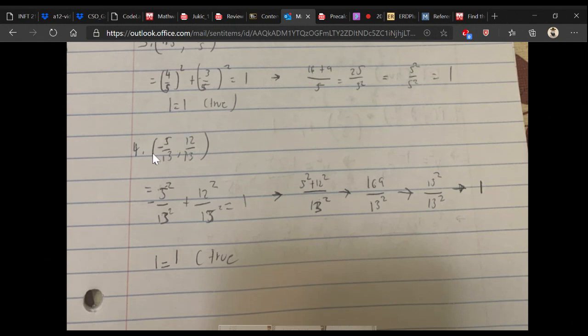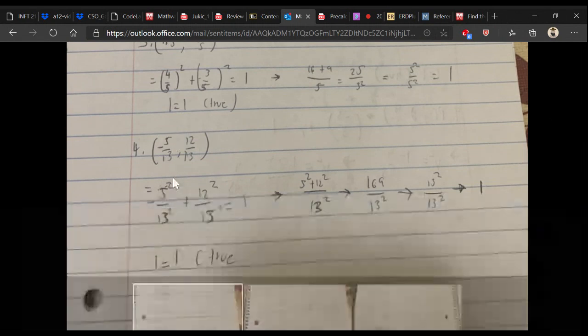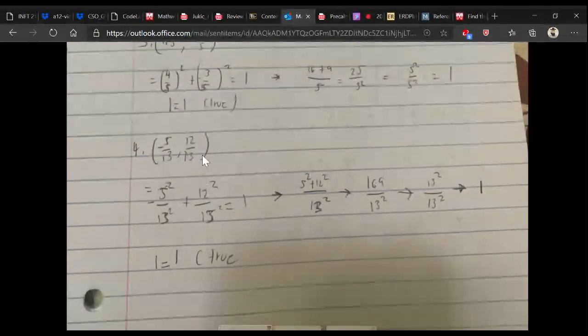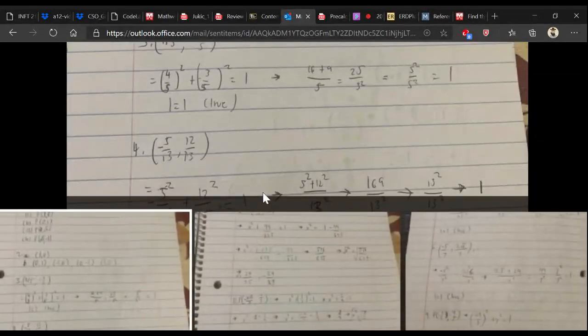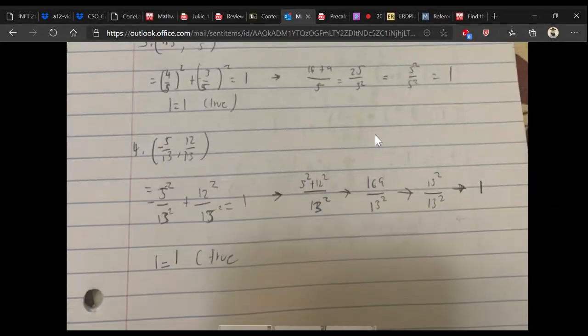So negative 5 over 13 is x squared plus 12 over 13 squared is y squared. Since both denominators are equal, we can just combine these two into one equation.